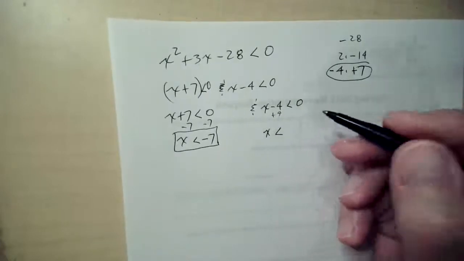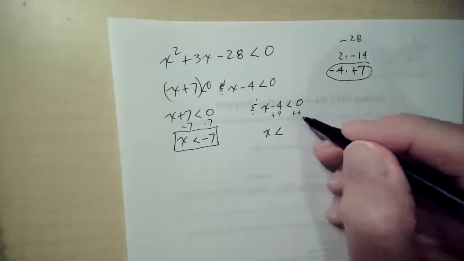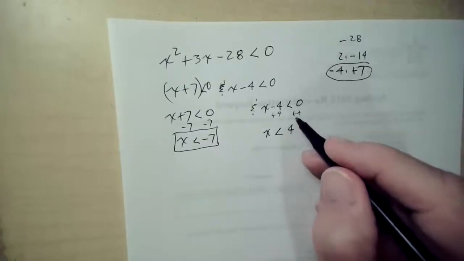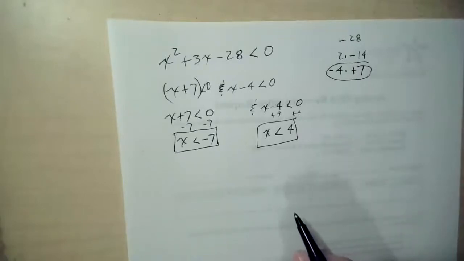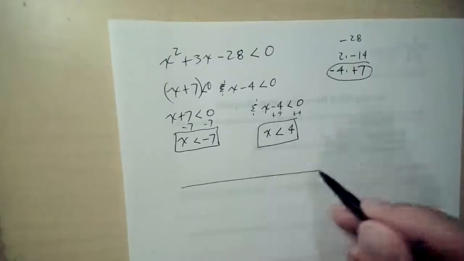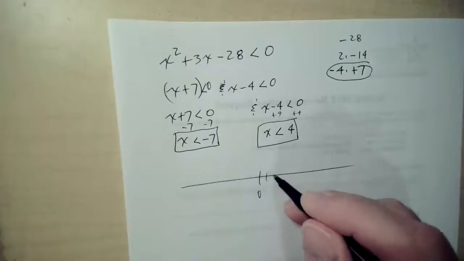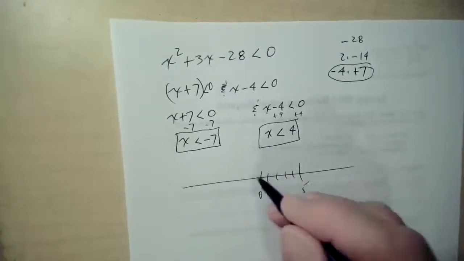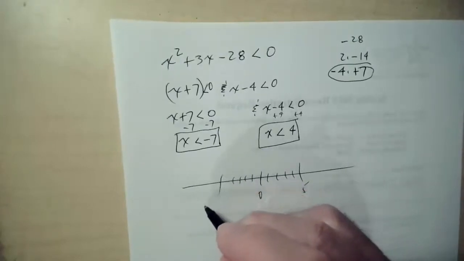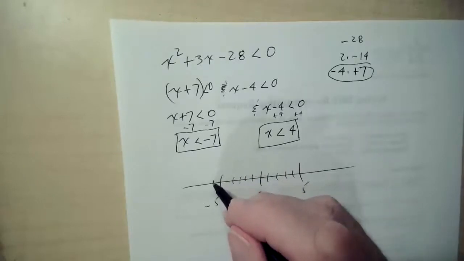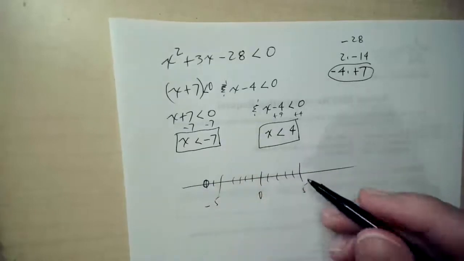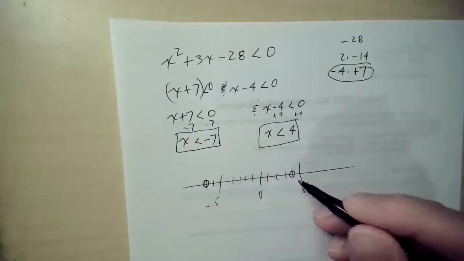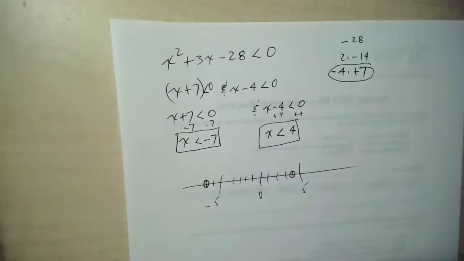And here we're going to add 4, and x is less than 4. Okay, so we have 1, 2, 3, 4, 5. 1, 2, 3, 4. -5, 6, 7. Okay, here's one of our answers. -7. The other one is 4.